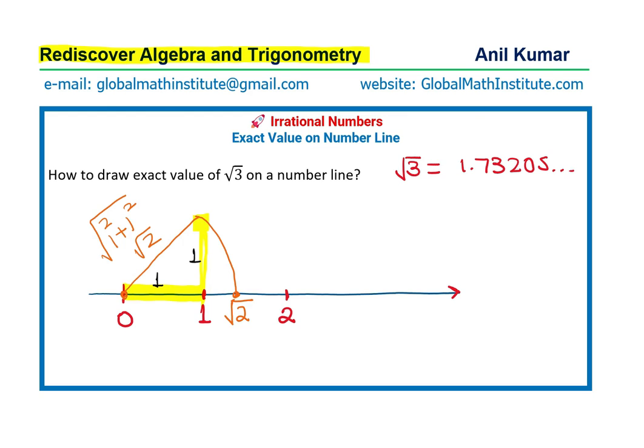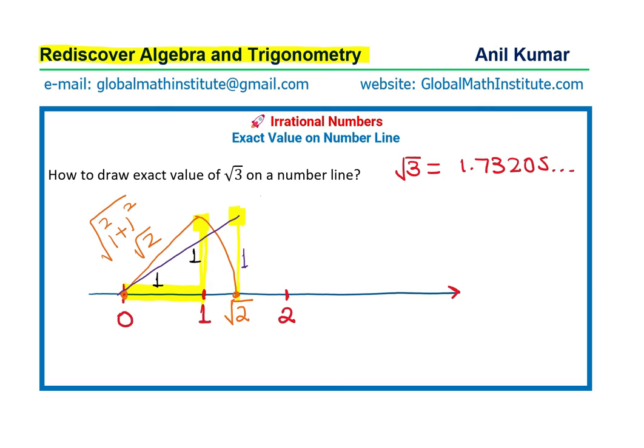Well, simple as that. Since we got square root of 2, and square root of 2 square plus 1 square will give me 3, and that square root is 3. So this time I'll draw 1 unit from here, right? And now this diagonal, which is there for you, right? This is 1, right? So this diagonal is what?